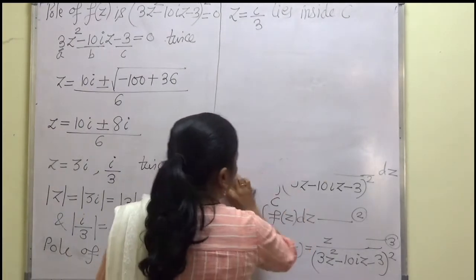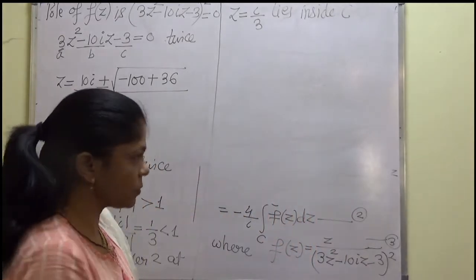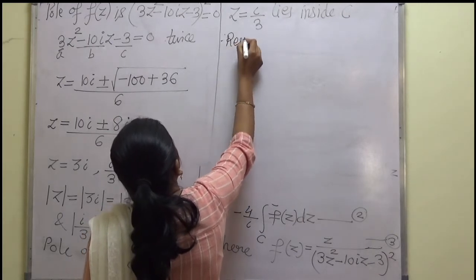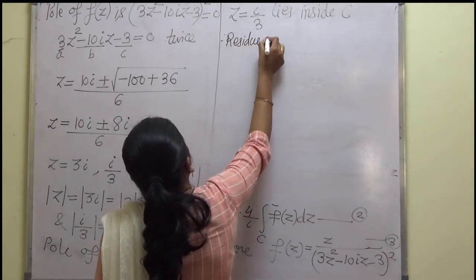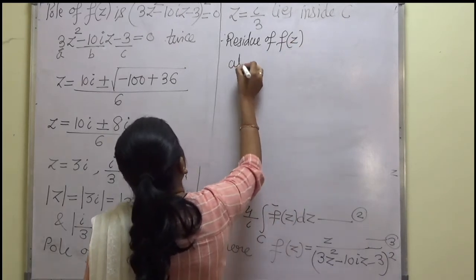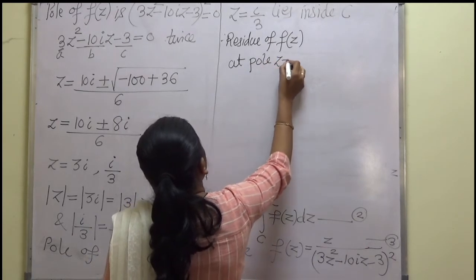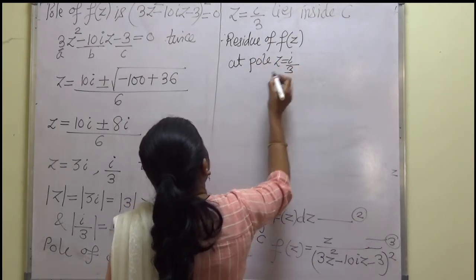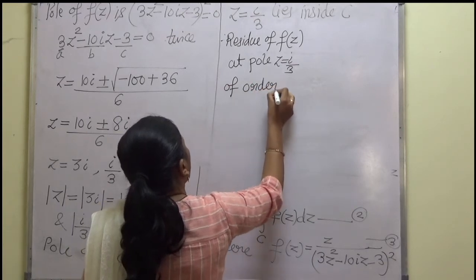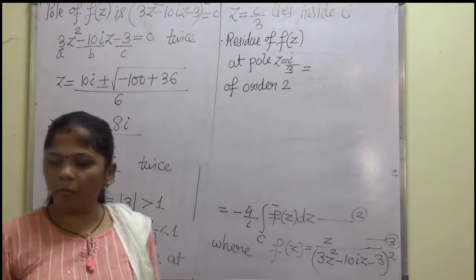Therefore, residue of f of z at the pole z equal to i by 3 of order 2 is equal to. So what is the formula?